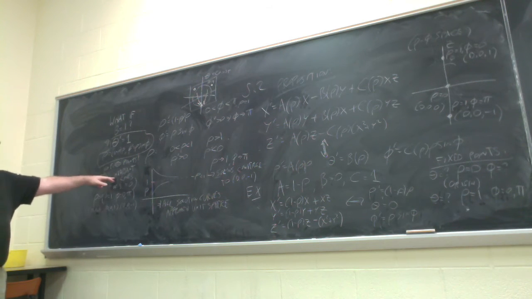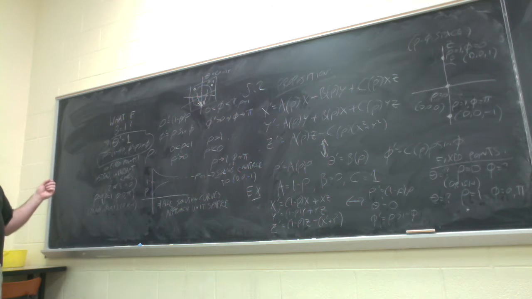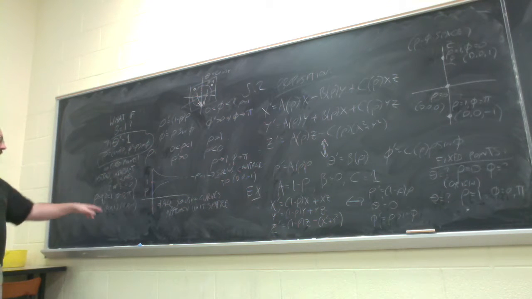An invariant line in spherical coordinates could be something completely different. In fact, it almost certainly will be something completely different in Cartesian coordinates. In this case, in Cartesian coordinates, we still have a fixed point.